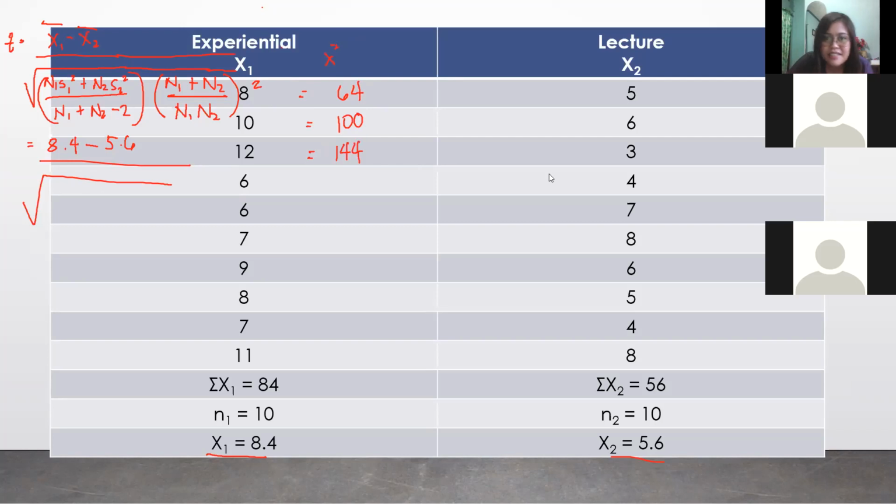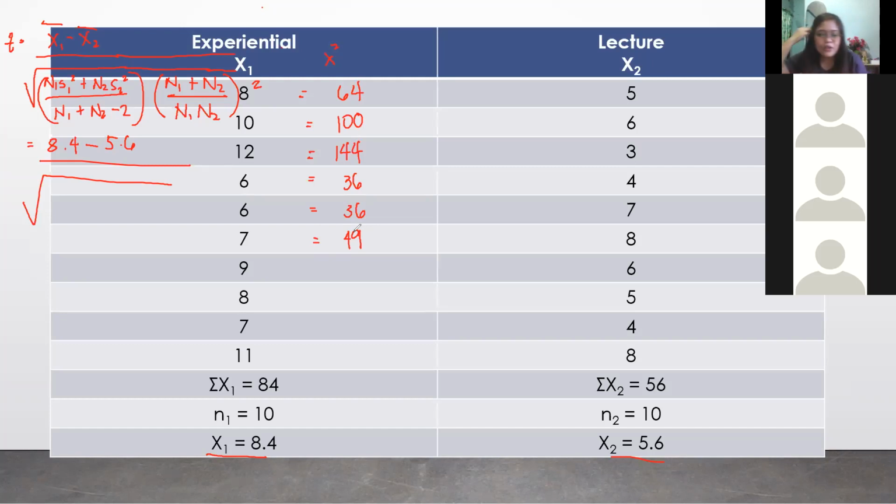Nasundan pa class? I hope nasundan pa ha. So 6 squared is 36. This is also 36. 7 squared is 49. Kanang wala gud tay salig sa atong kaugalingon, pati ang 7 squared kay atong i-calculate. 9 squared is 81 and then 8 squared is 64 again.